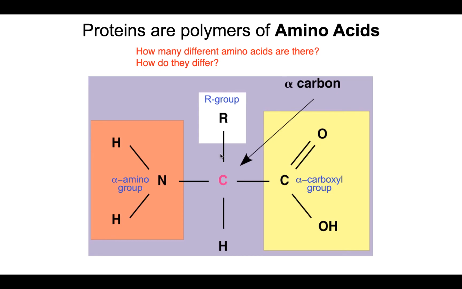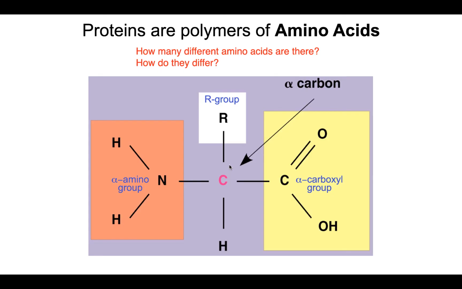So we now have a 4th region, and this right here is where each amino acid is different. It's called the R group. There are 20 different amino acids, and therefore there are 20 different R groups.